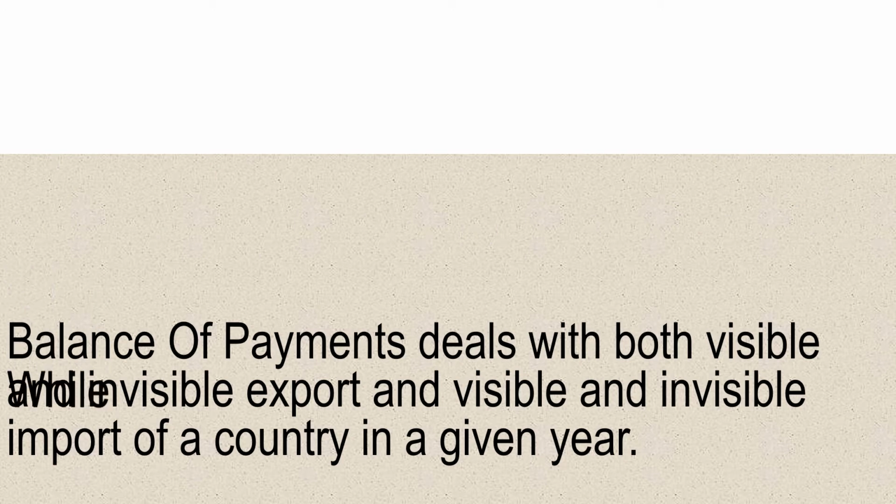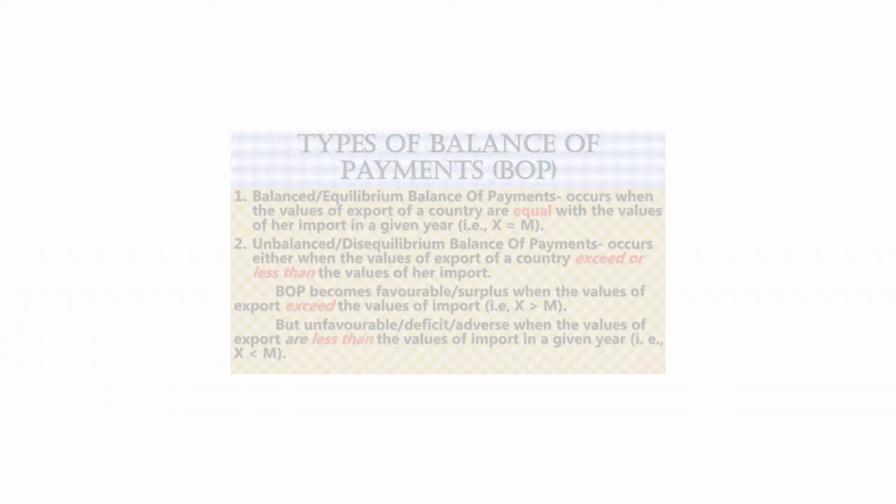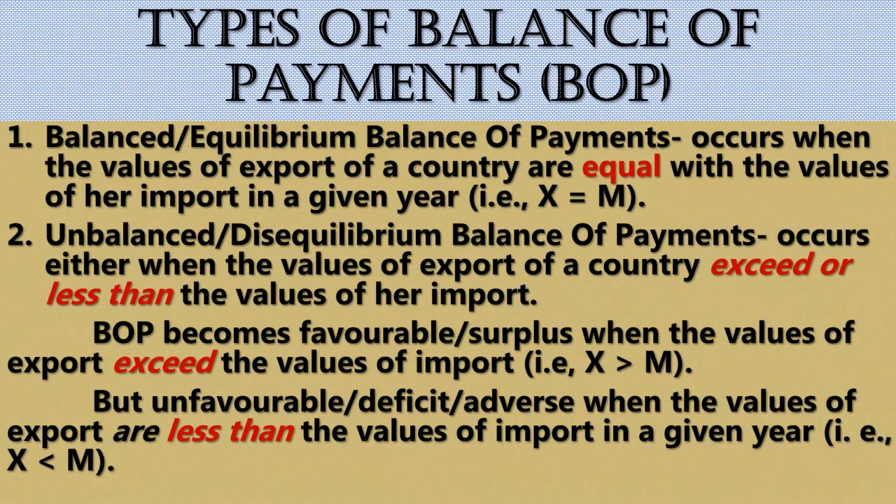While balance of payment is a record that deals with both the visible and invisible export and import of a country in a given year. Next is types of balance of payment.